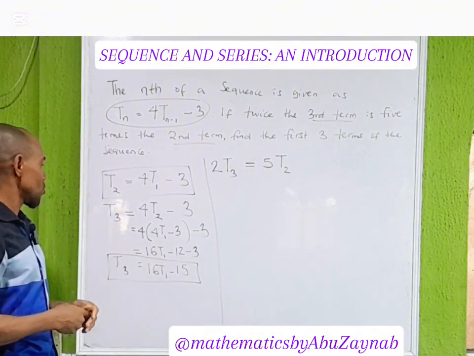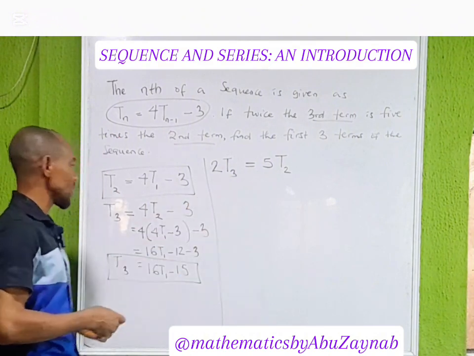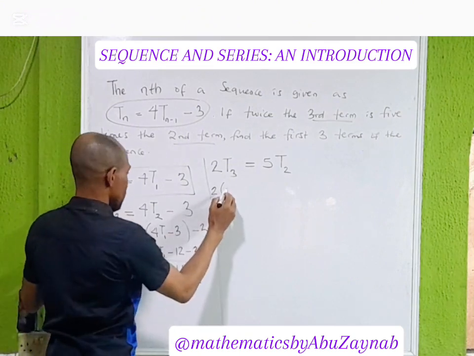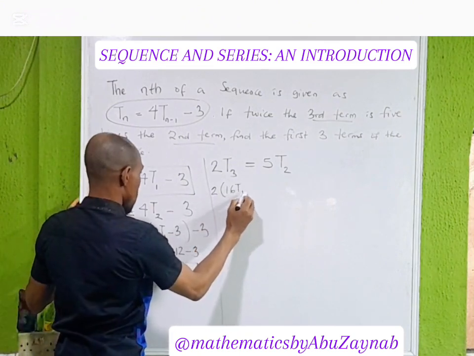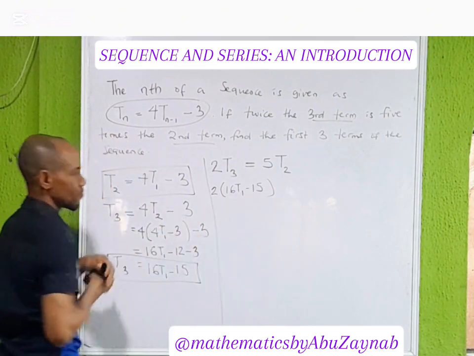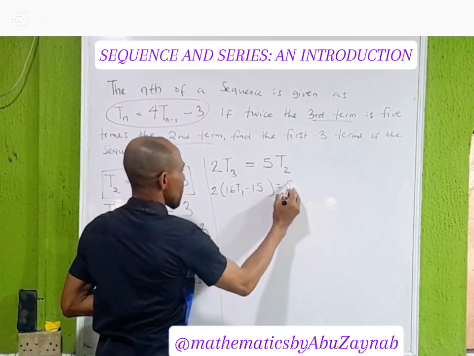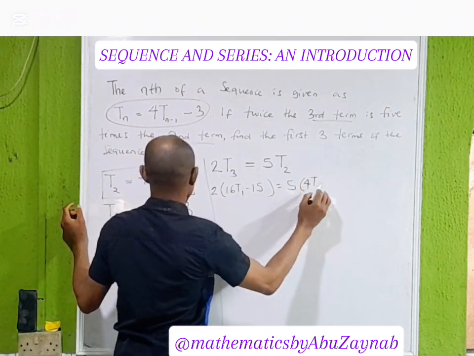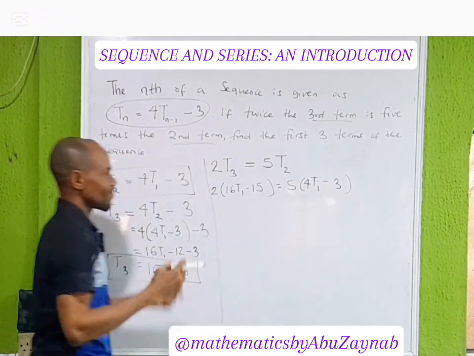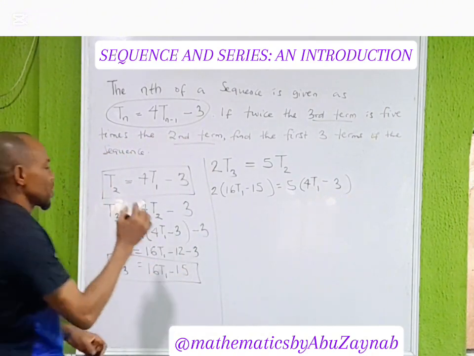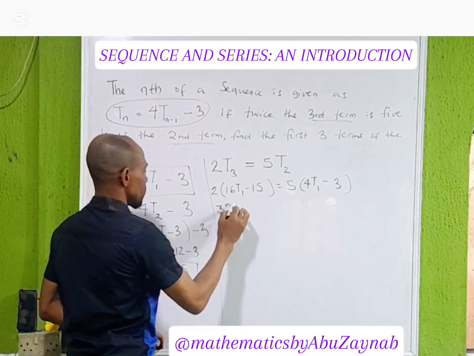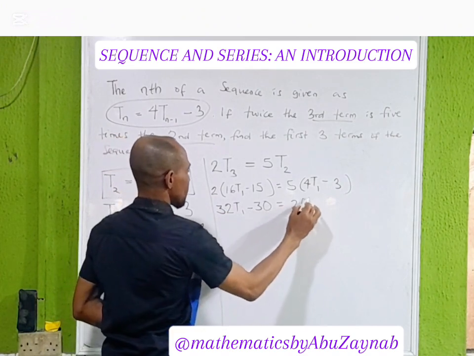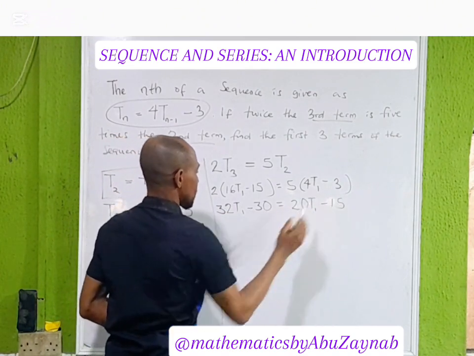So all we need to do now is to replace all the values in terms of T1. Hence we have what here? 2 times T3, 16 T1 minus 15, equals 5 times T2, which is 4 T1 minus 3. So everything is now in terms of just T1. We open the bracket and we have 32 T1 minus 30 equals 20 T1 minus 15.